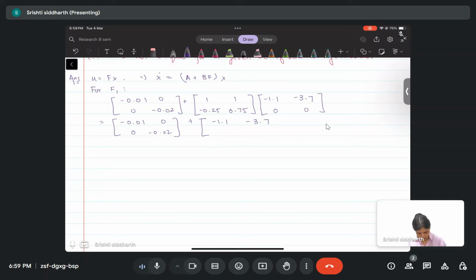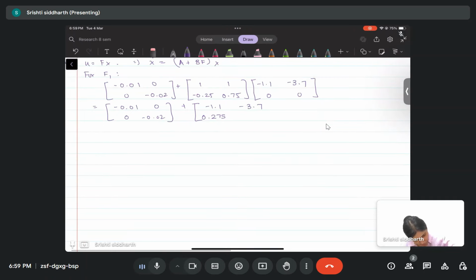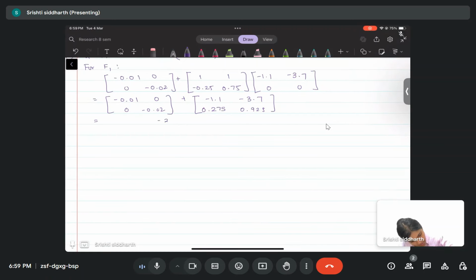Zero point eight five, minus 1.1, and then 0.275, and then similarly 0.925. So this becomes, this is the same, this is also going to remain the same.